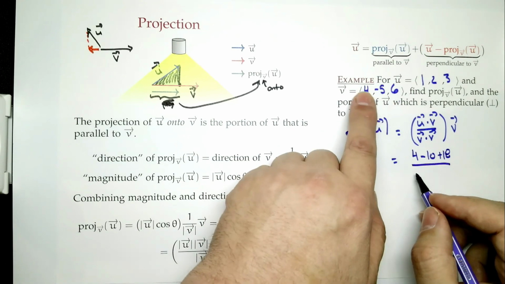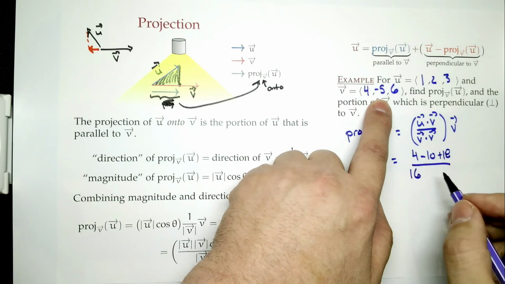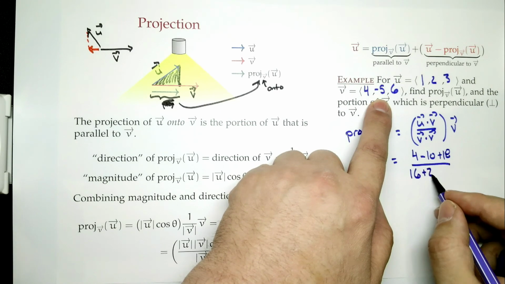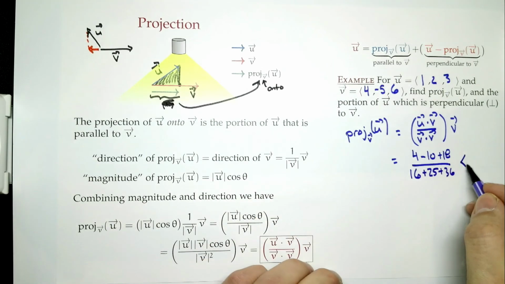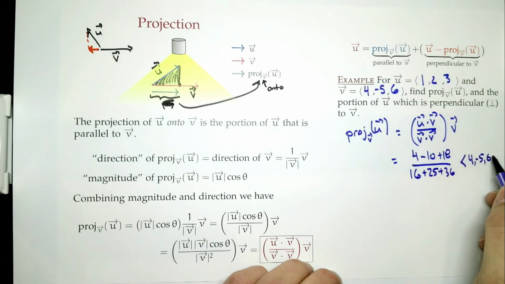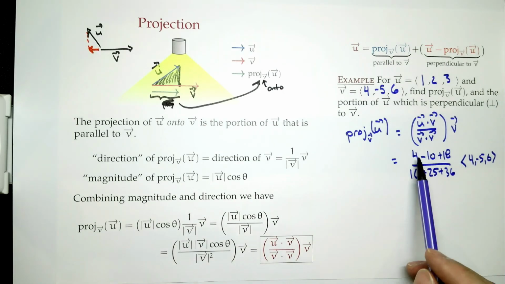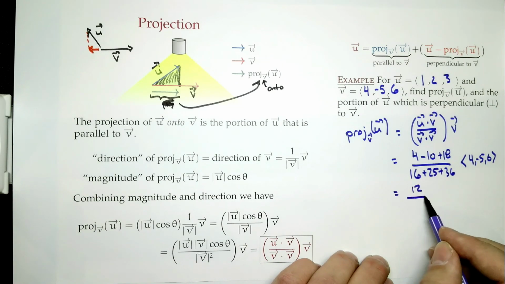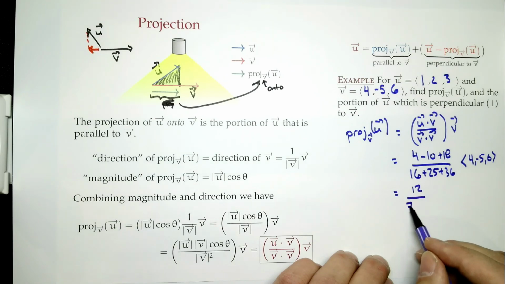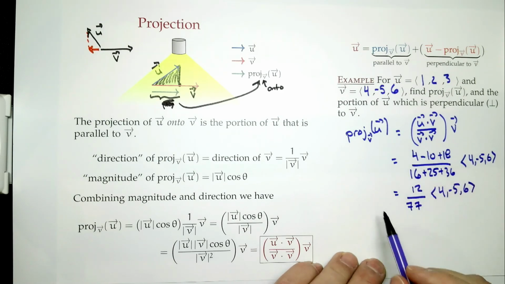Divided by v dot v. 4 times 4, 16. Negative 5 times negative 5, positive 25. And then 6 times 6, 36. Times (4, -5, 6). We can clean it up a little bit. Let's see, we have 22 minus 10 is 12 upstairs. Downstairs, we have 77, I think. Times (4, -5, 6). Okay, so that's the projection.